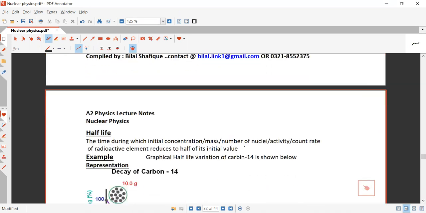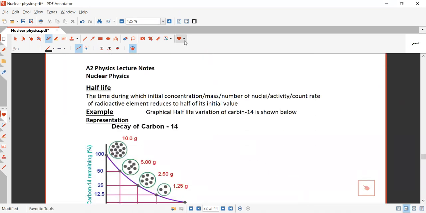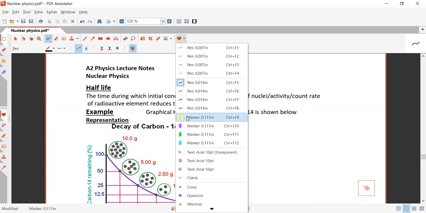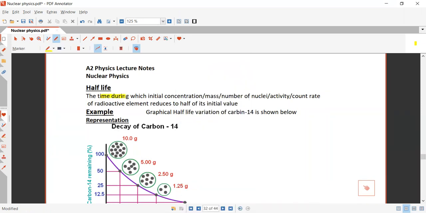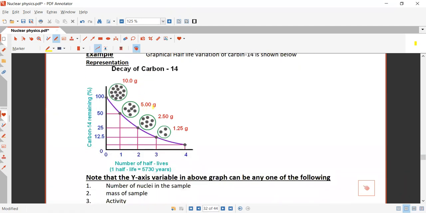Okay, next. So what is half-life? Let's talk about it. You already know about that. It's the time during which the initial concentration, or the mass, or the initial number of nuclei, or initial activity, or initial count rate of the radioactive element is reduced to half of its value, right? You have seen the graph of the half-life, and this is an exponential decay curve.